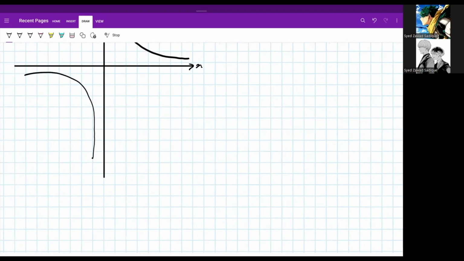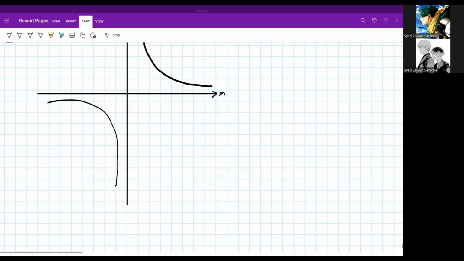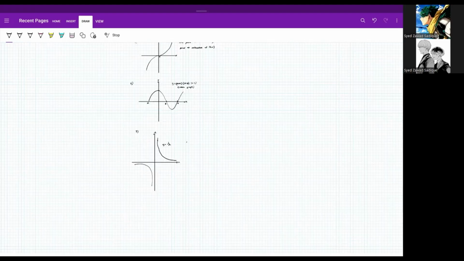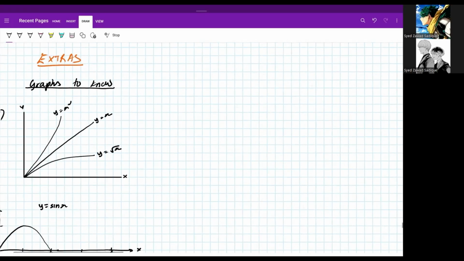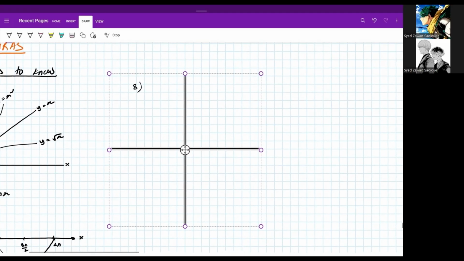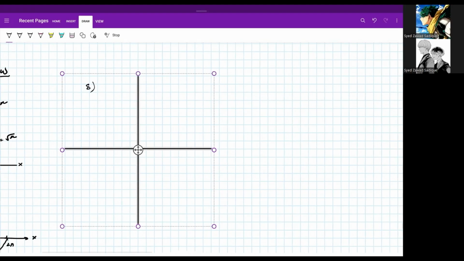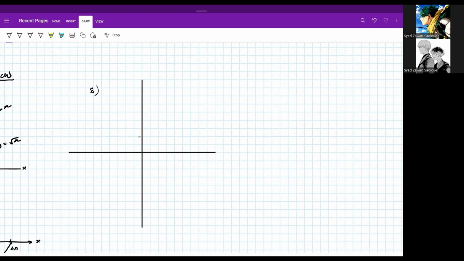And then, okay. Let's take number 8. Now, this is the exponential graph. Say this is 1.